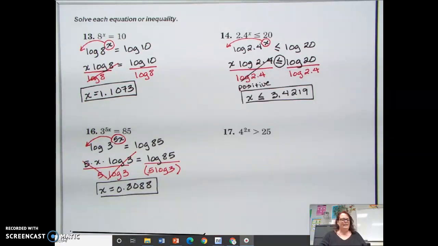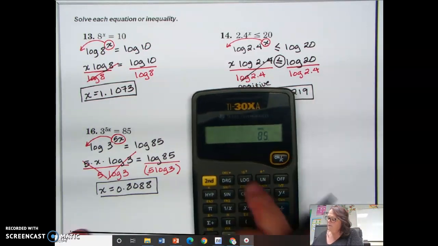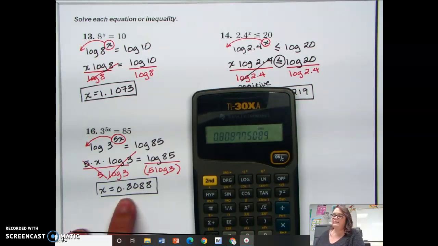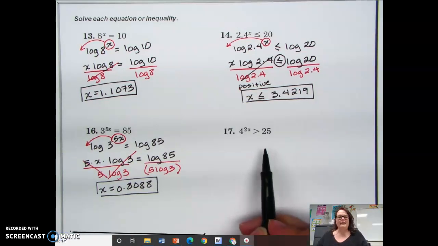So let's see if we can get that in my backwards calculator. We're going to do 85 log divided by parenthesis, 5 times 3 log, close the parenthesis, and then don't forget you've got to press equals at the end, and then we get the same number. All right, so with that knowledge, go ahead and see if you can solve for x on number 17.